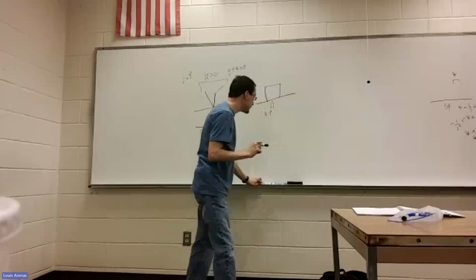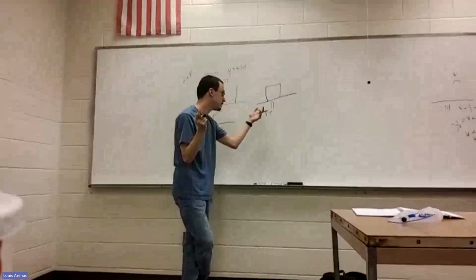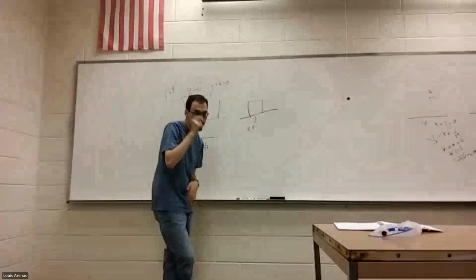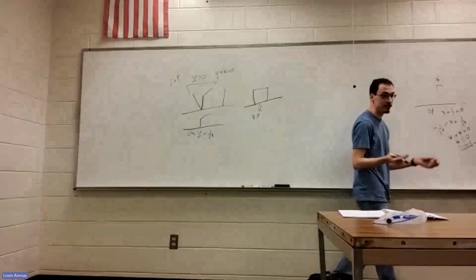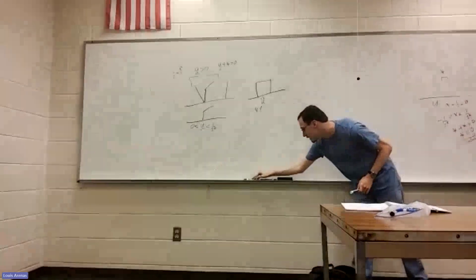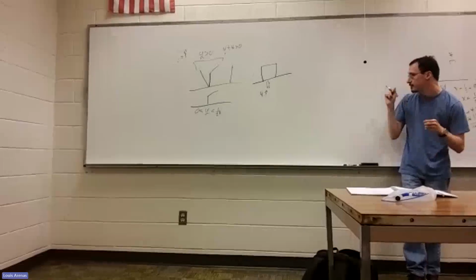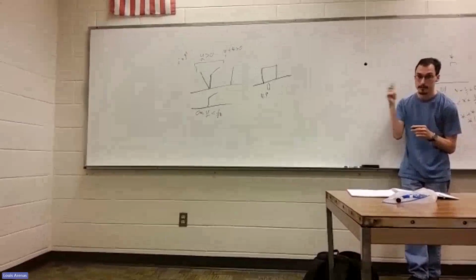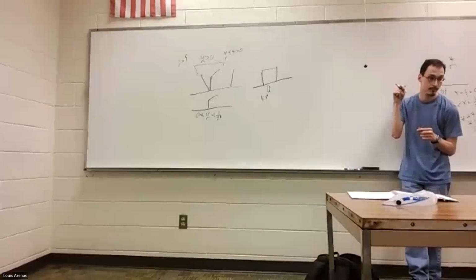We have some weird numbers showing up, and we didn't really know what to do with them beforehand. We kind of had to define them into this. So what if we pull a sneaky and instead of defining our numbers in terms of positions, define our positions in terms of numbers.